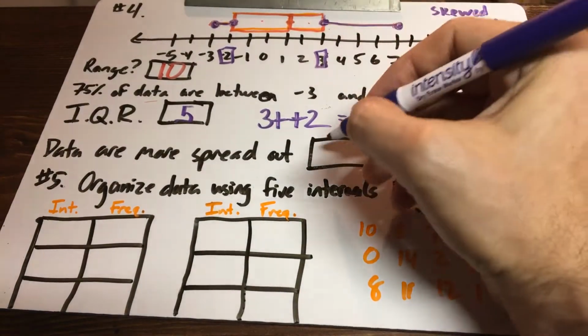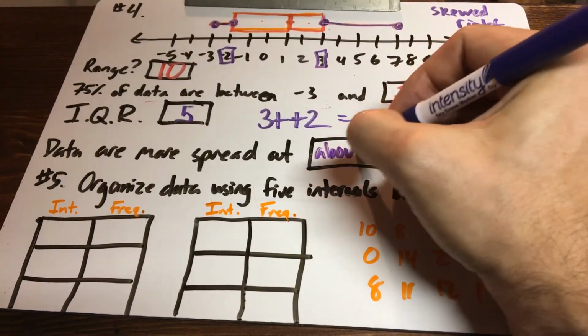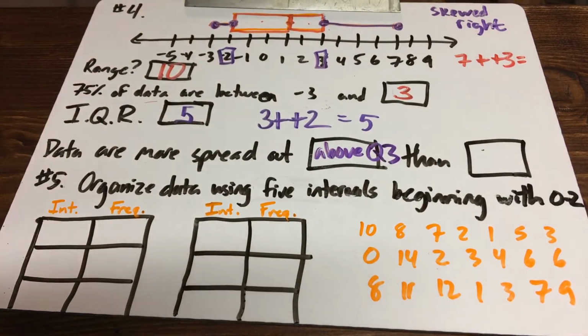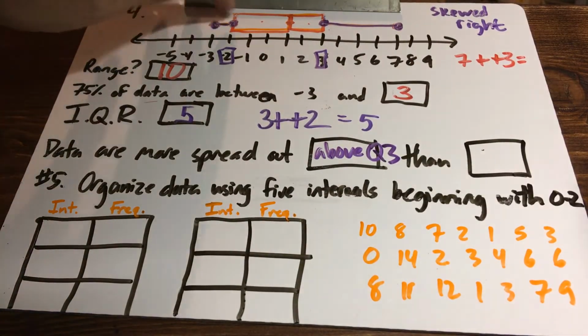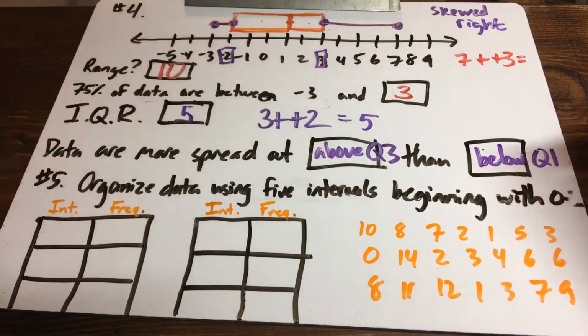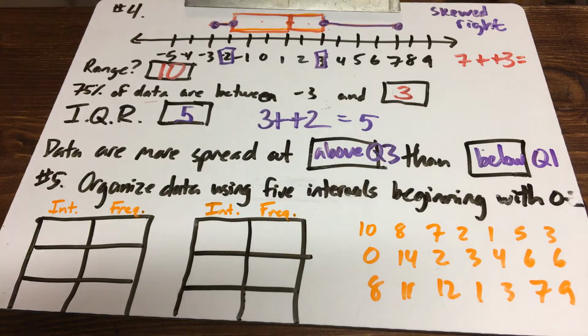This is the third quartile. Above Q3 than over here, which is below quartile 1. So how do you answer that question? By looking for which whisker is longer. Okay. That is the only box and whisker question for now.